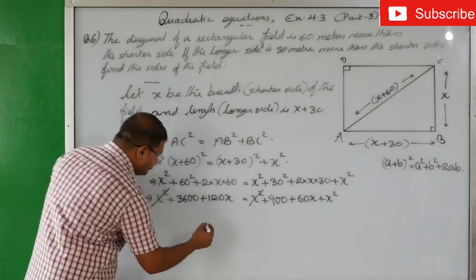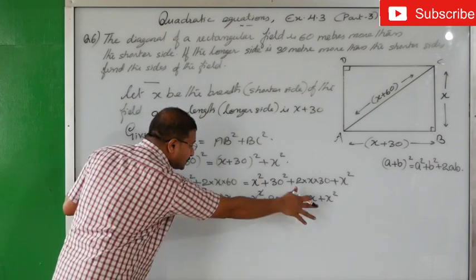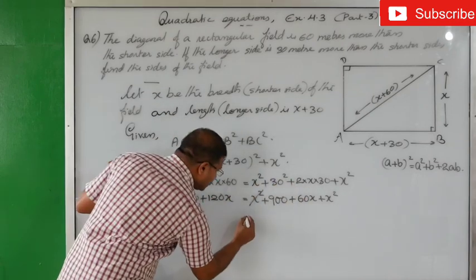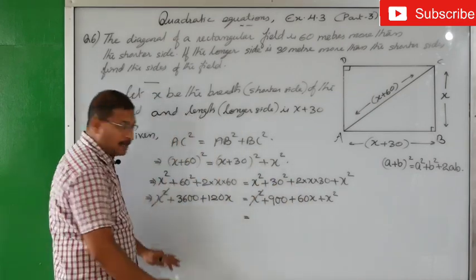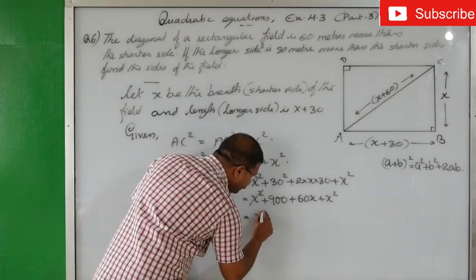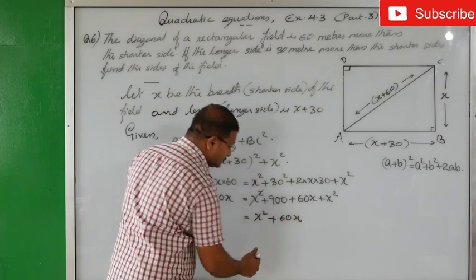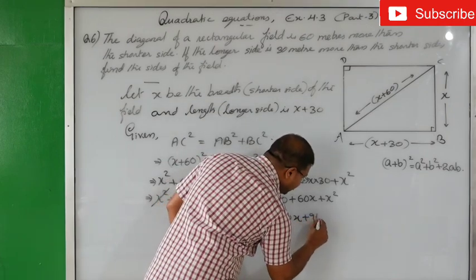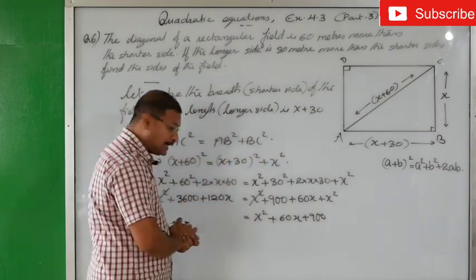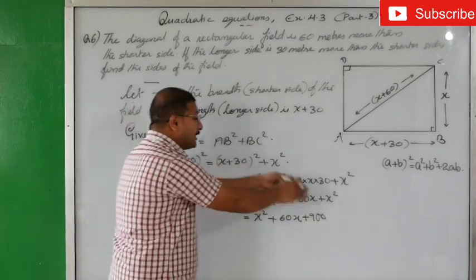Ready? Next step. Say I am going to carry all this to the next side. That means this equals, already here x square plus 60x plus 900. I am writing this step. After that, this will carry to the next side.